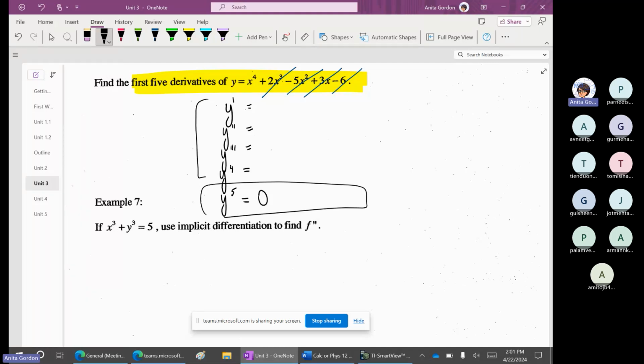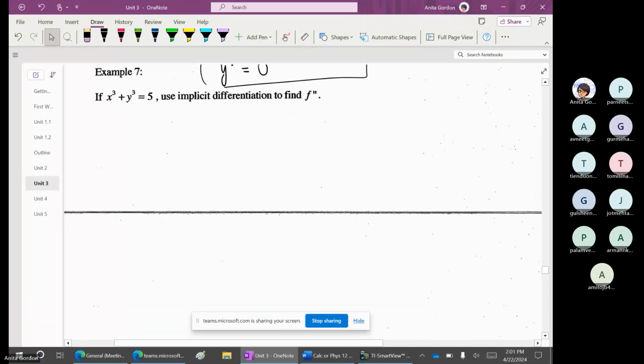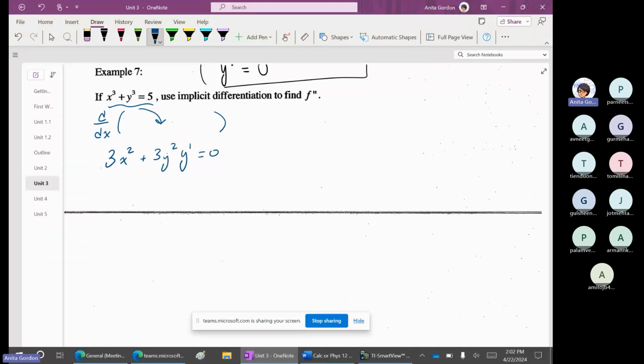Okay, let us get into an uglier example. Implicit differentiation, we want the second derivative. The first one should hopefully be more or less straightforward. If we take d by dx of that in here, this will give me 3x squared plus 3y squared y prime equals 0.